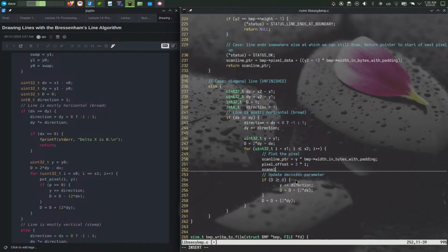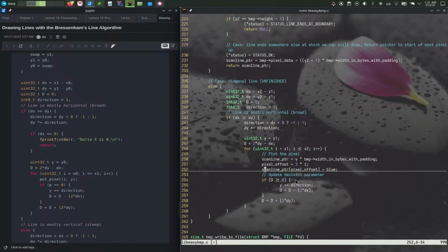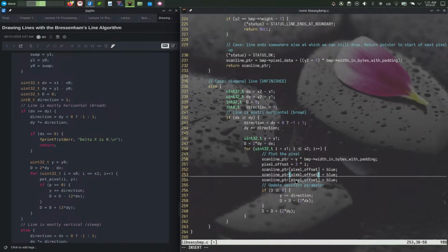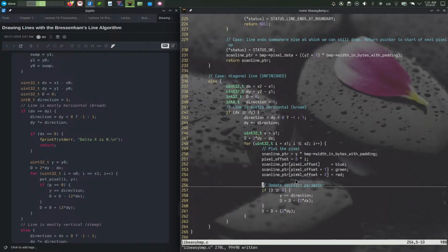So then we just put our RGB values. So I'll put green here, and then I'll put red here, right? And I think that's it, right? So that's the case of the horizontal line. I think that should work. I hope it should work.